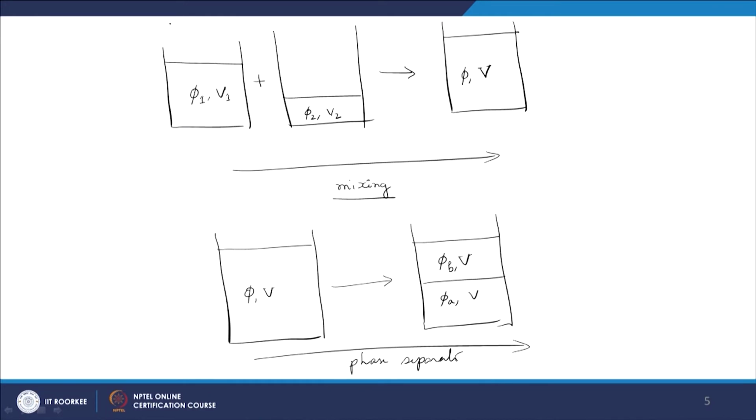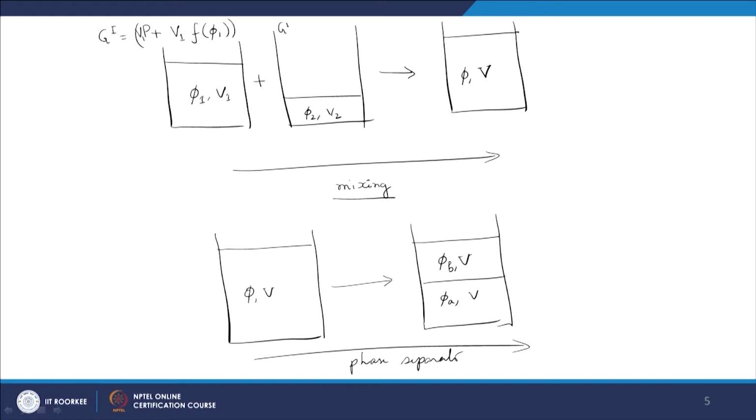So, if for example we look at the first situation, the Helmholtz energy of the system is V1 f of phi1, and if I say the pressure is P, then we have P V1 plus V1 f of phi1 as the Gibbs free energy, let us call it G1.